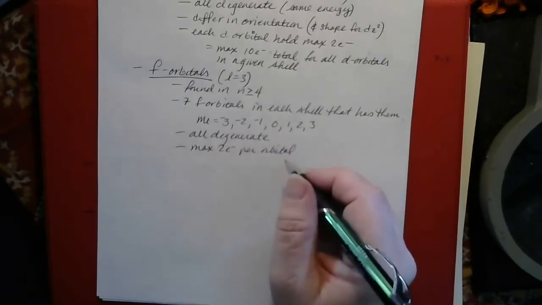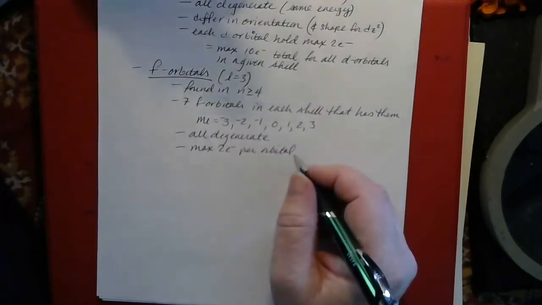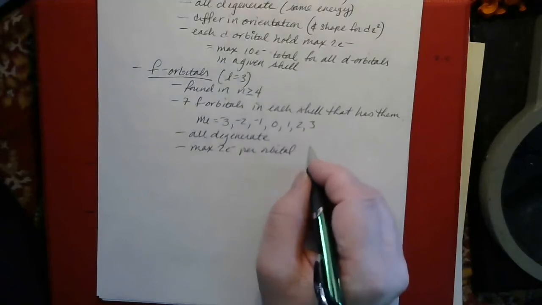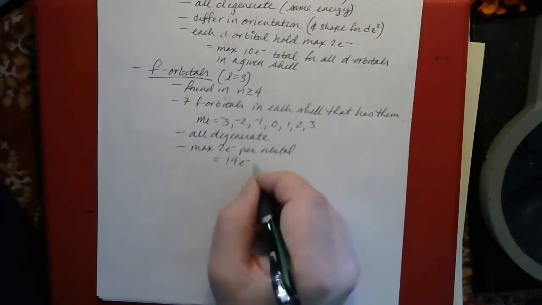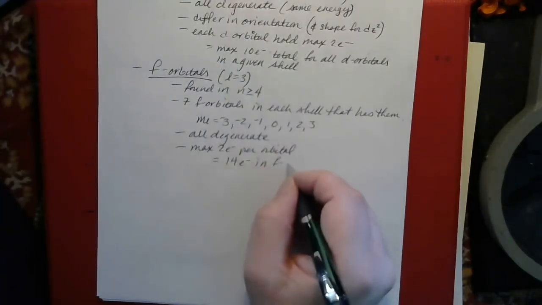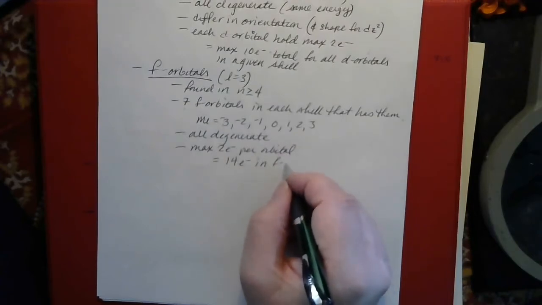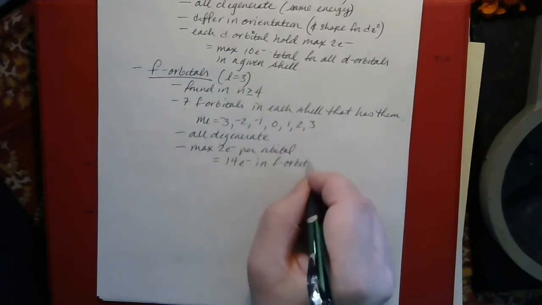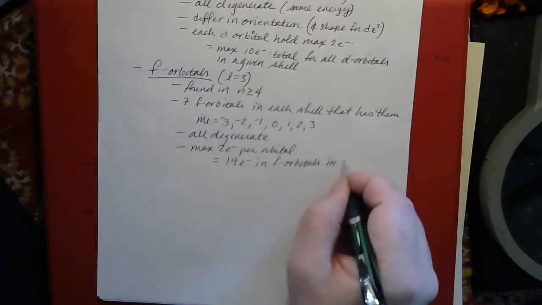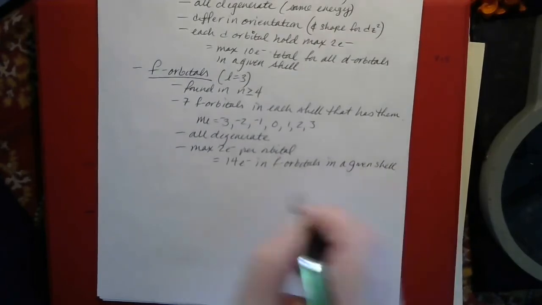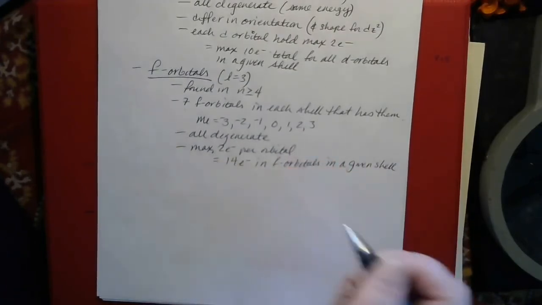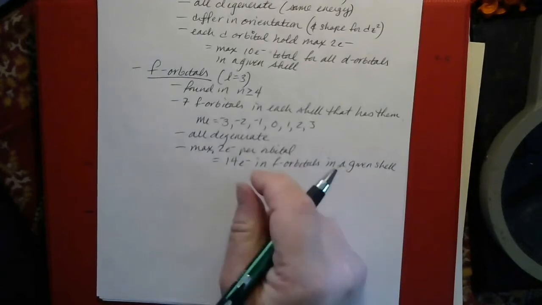And as with other types of orbitals, you can only hold a maximum of 2 electrons in any f-type orbital. And that means a total of 14 electrons in f orbitals for an entire shell. That's the maximum. There could be less.